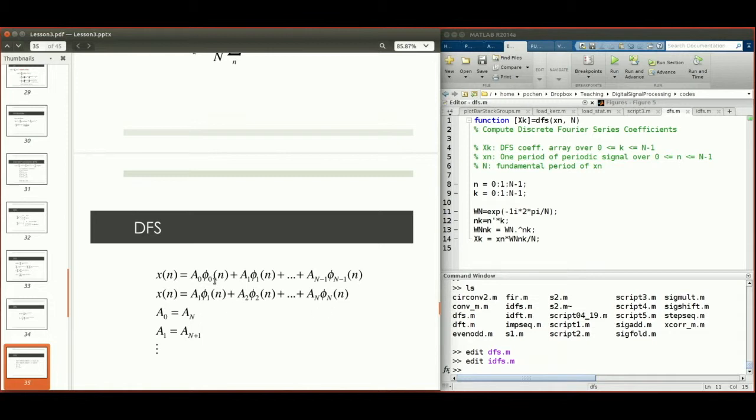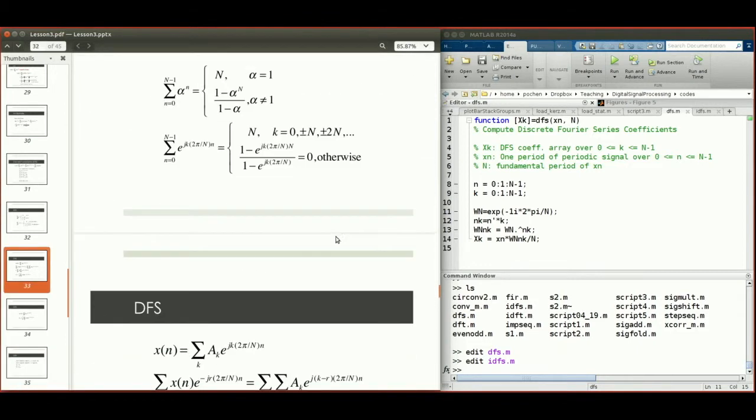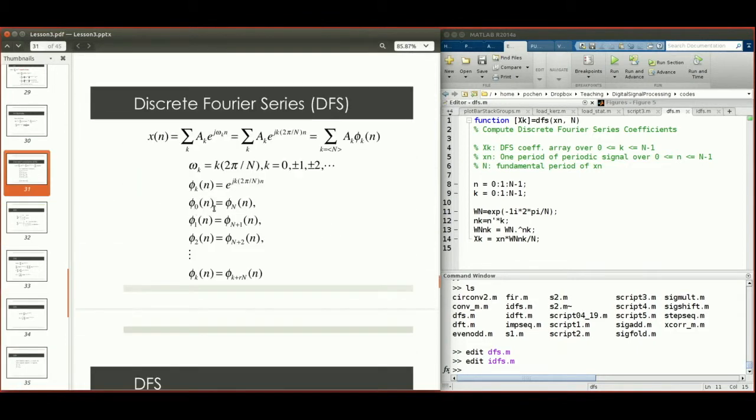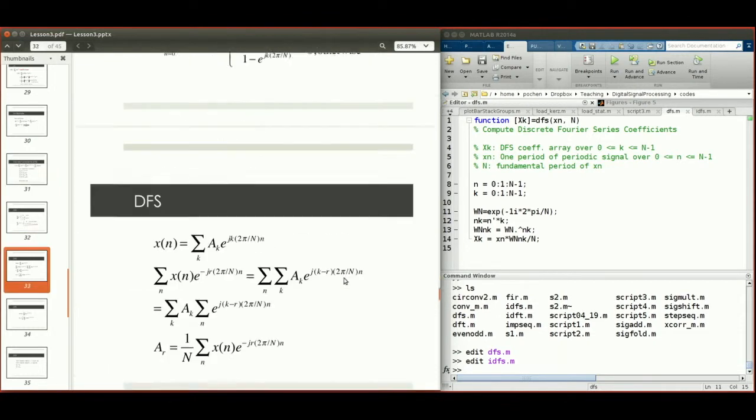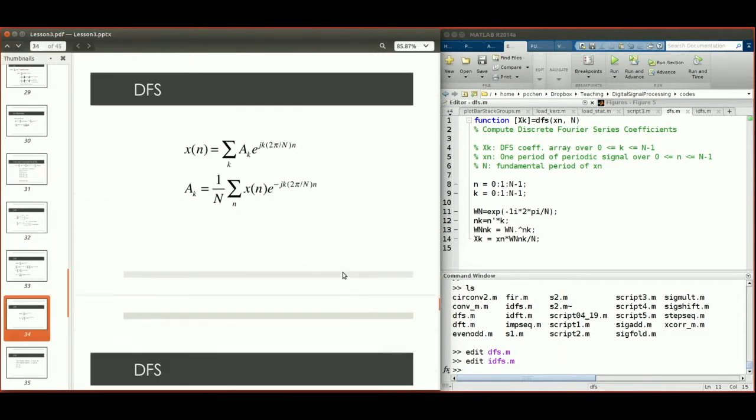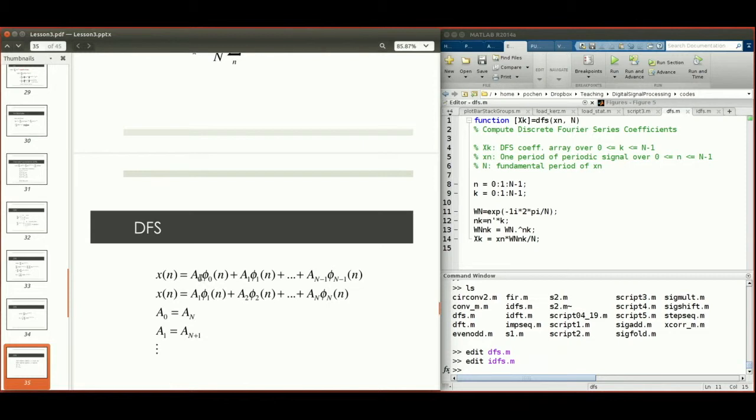And don't forget we have the result phi 0 equals phi big N. So the right hand side is basically a0 subtract a big N, times phi 0, and that equals 0. So from that equation you get that a0 equals a big N.